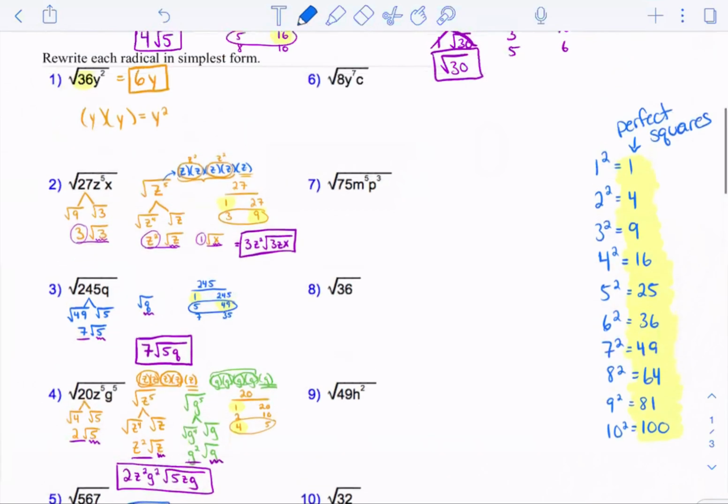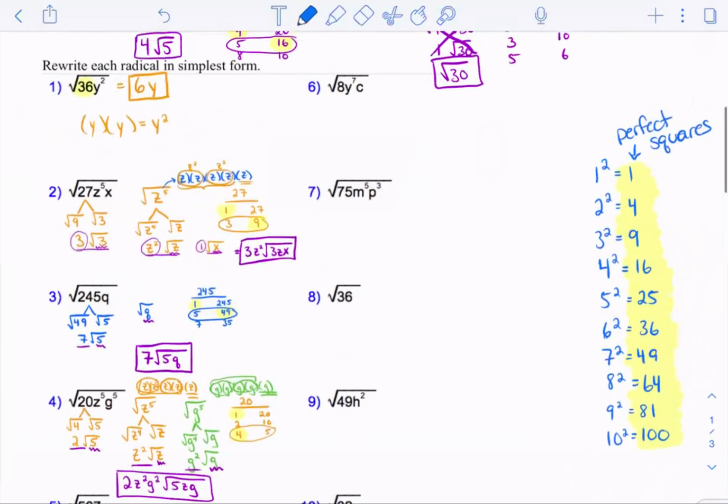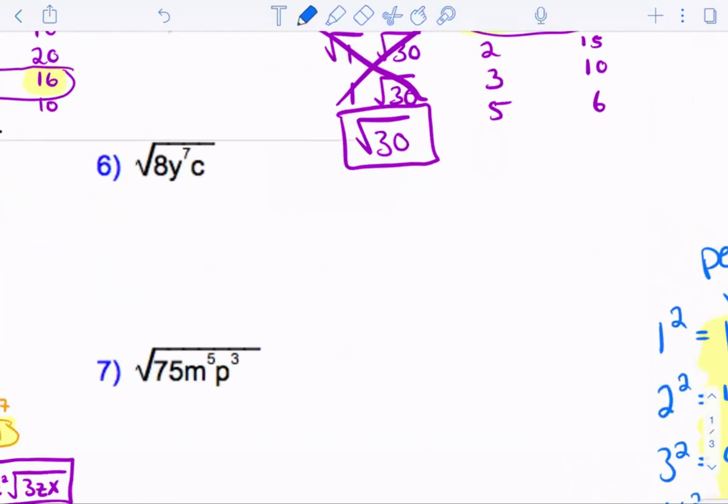Even numbers like 2, 4, 6, 8, those are perfect squares. So like for example here, the 8 breaks down to 2 rad 2.